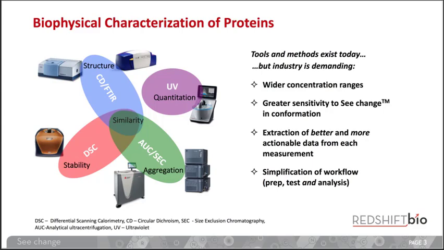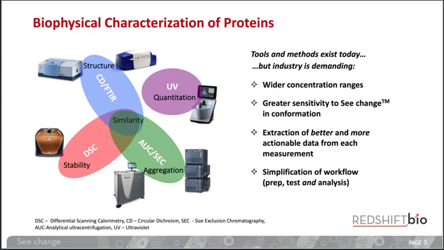So as I mentioned, the AQS3 Pro is a new type of instrument that is being used now for biophysical characterization of proteins. Many tools currently exist that cover different types of measurement, like CD and FTIR for structure, DSC for stability, DLS for aggregation, and UV for quantitation.